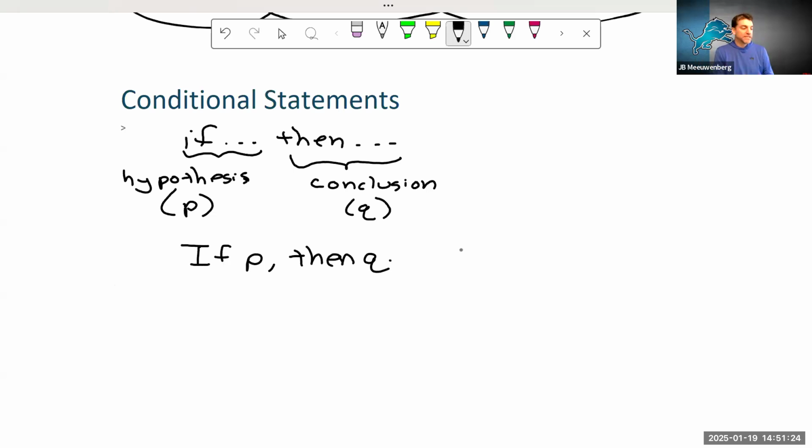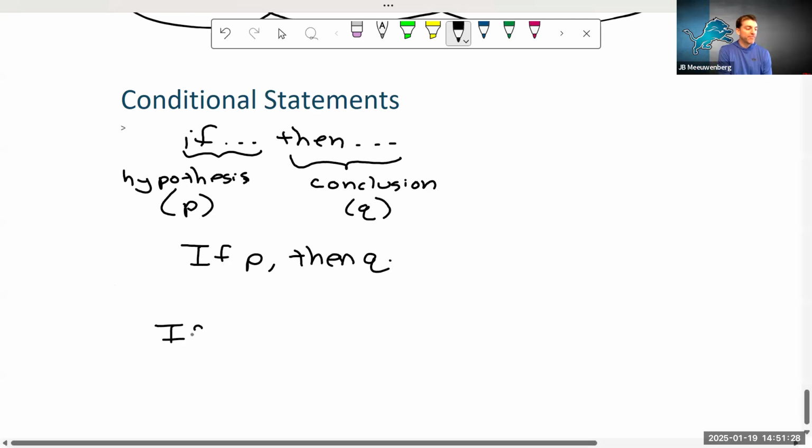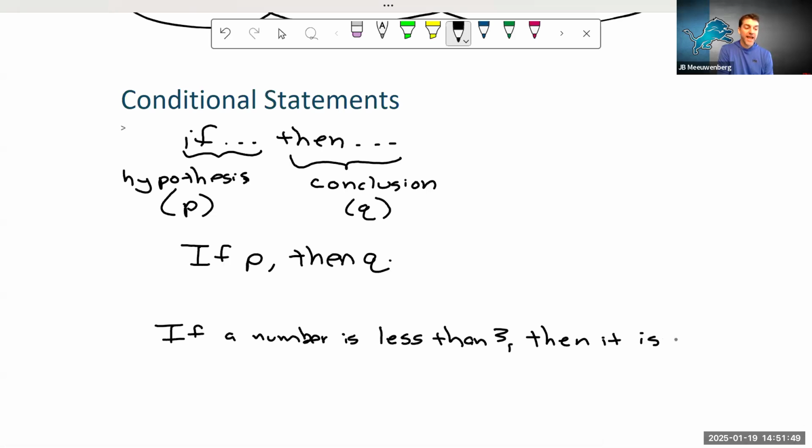To give a really simple numerical example of this, we can say, if a number is less than 3, then it is less than 8.